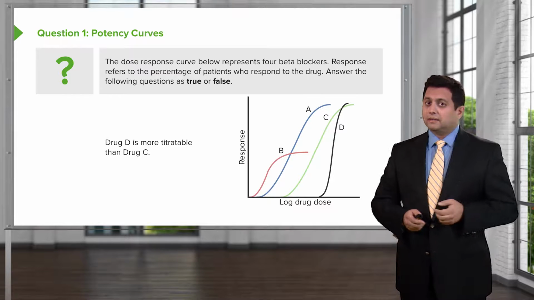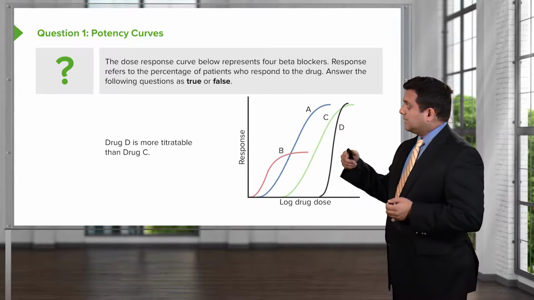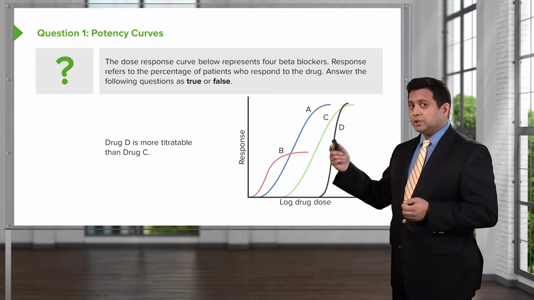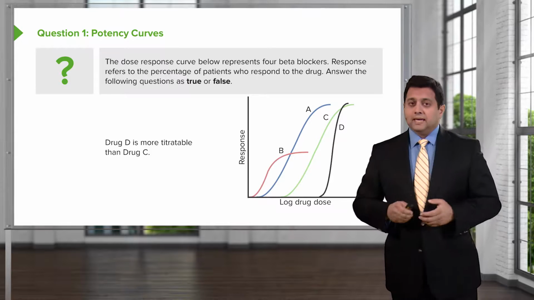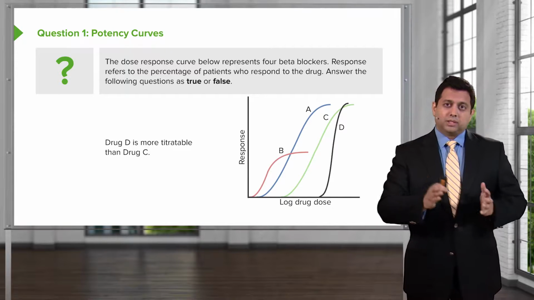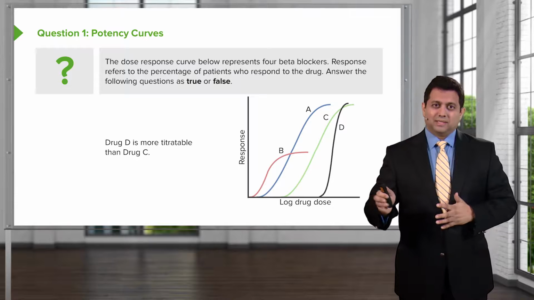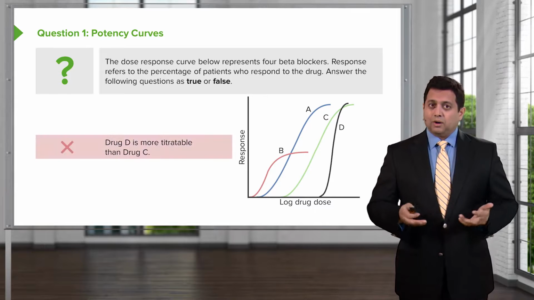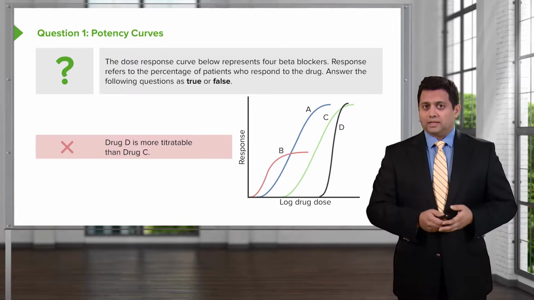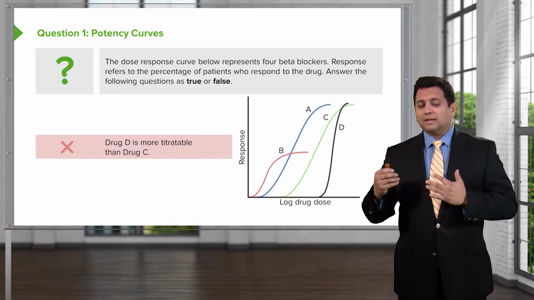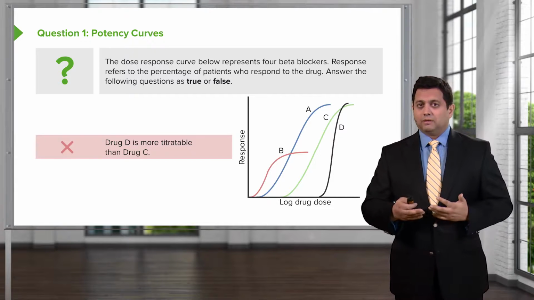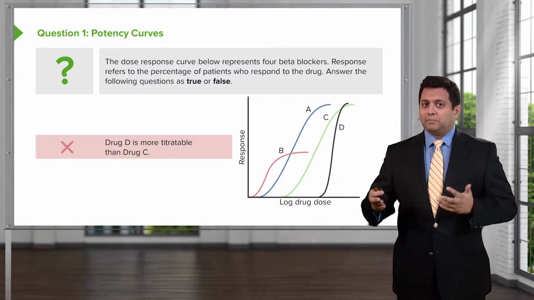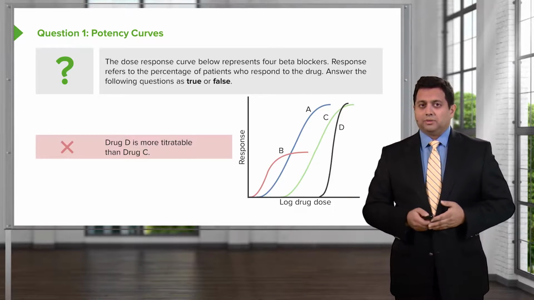You can see that the slope of C is much more shallow than the slope of D. That tells us that we're able to adjust doses much more easily with drug C. So this answer is wrong. Drug C is the more titratable drug. We can also gain an inference of the therapeutic ratio, in the sense that we probably have a wider therapeutic ratio with drug C.